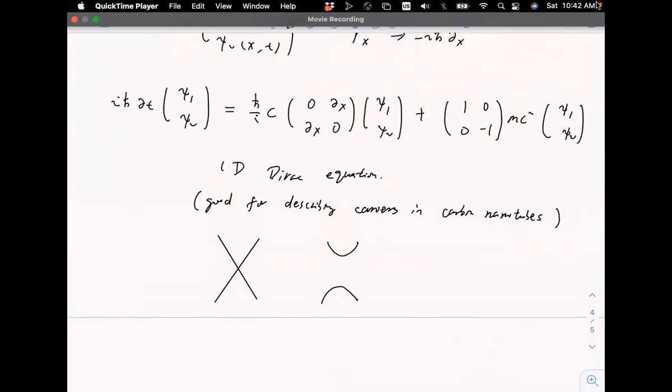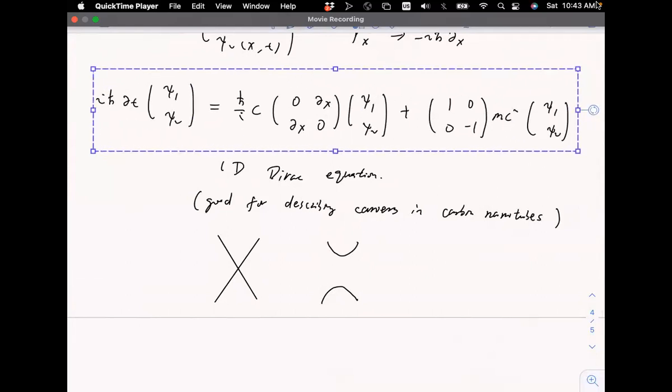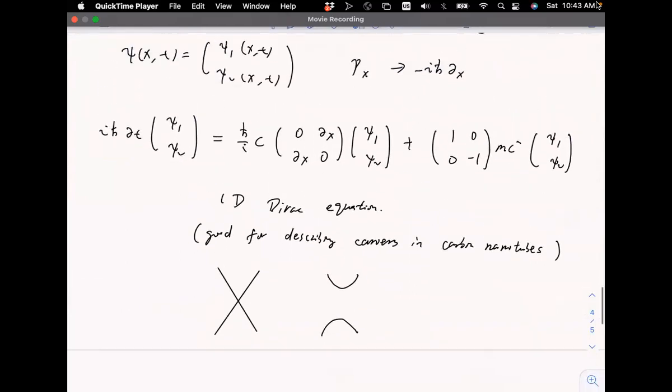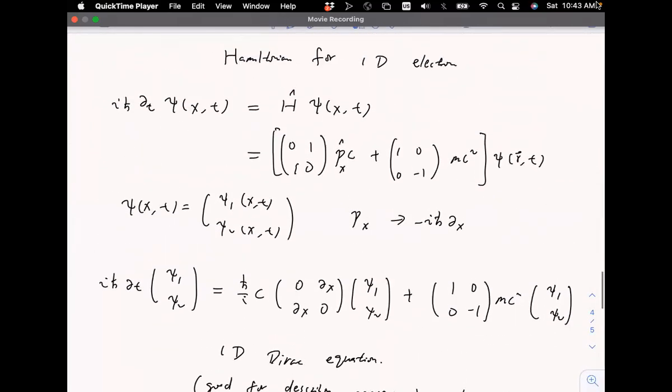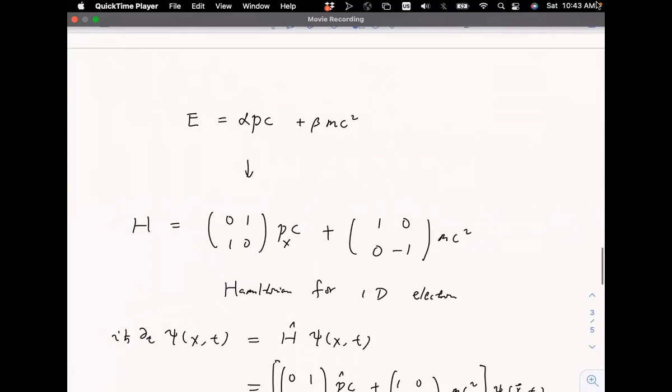For 1D, then it's 1D. When there's a gap, then there's a Dirac equation, open the gap. So this is the 1D Dirac equation. You can write it in a better form.